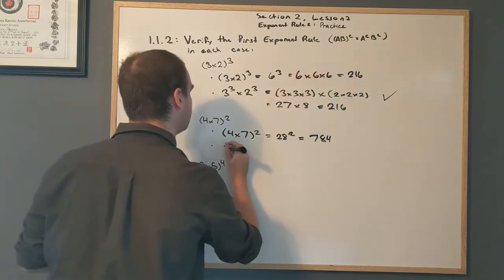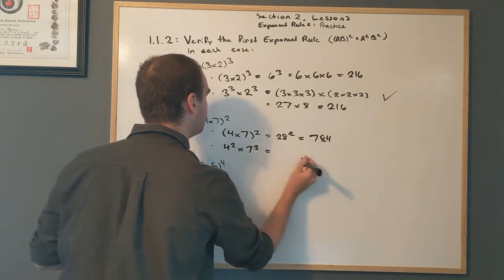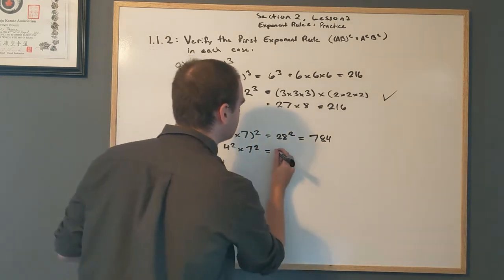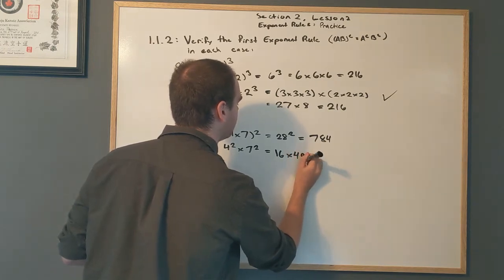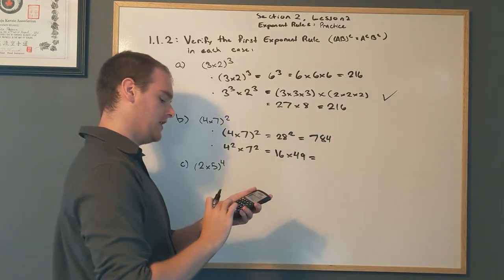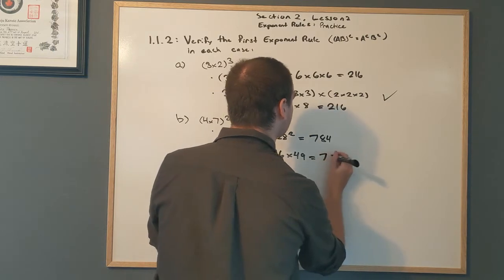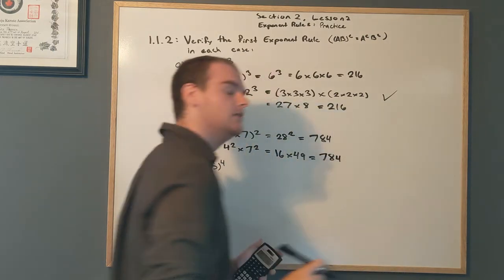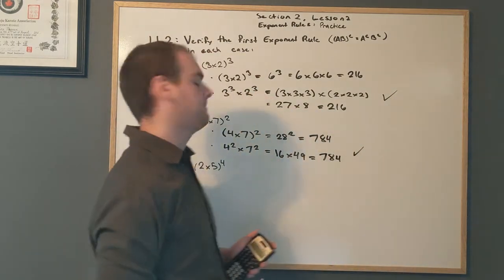Now we look at the right side. 4 squared by 7 squared is going to be 16 by 49. Plug that into a calculator. Is 784. Verified.